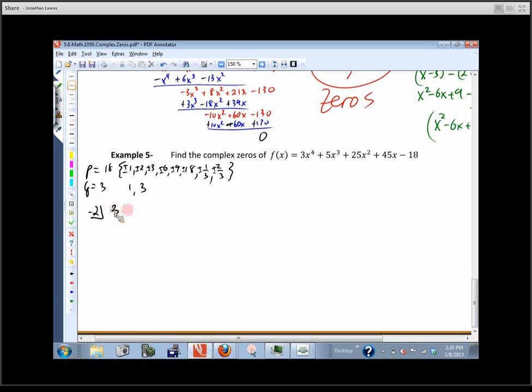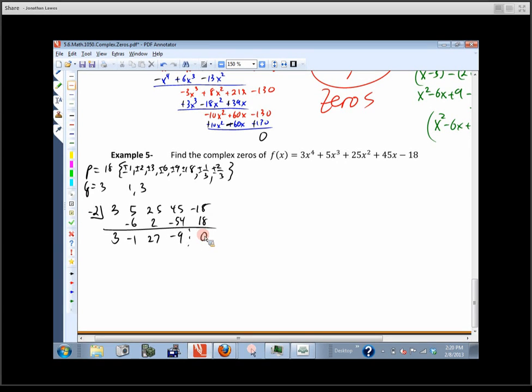We've got a 3, a 5, a 25, a 45, and a negative 18. Let's hope that it works. It worked, didn't it?